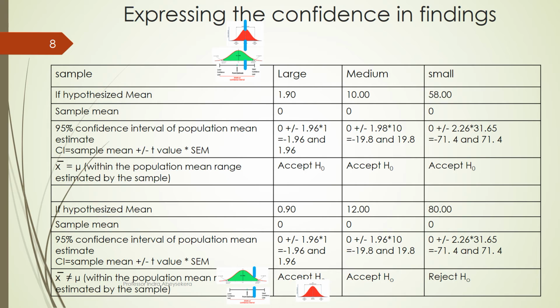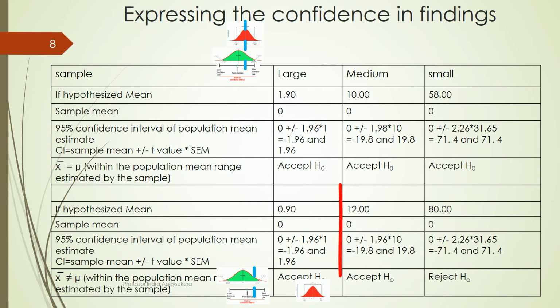Let's take another scenario. If the hypothesized mean is 0.9 and we compare with the confidence interval of the large sample, minus 1.96 and plus 1.96, it is within that range. We accept the null hypothesis.